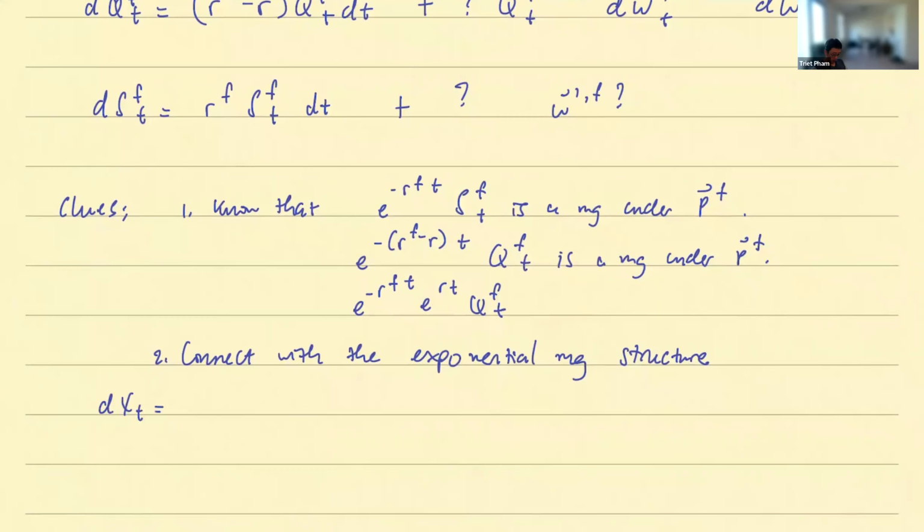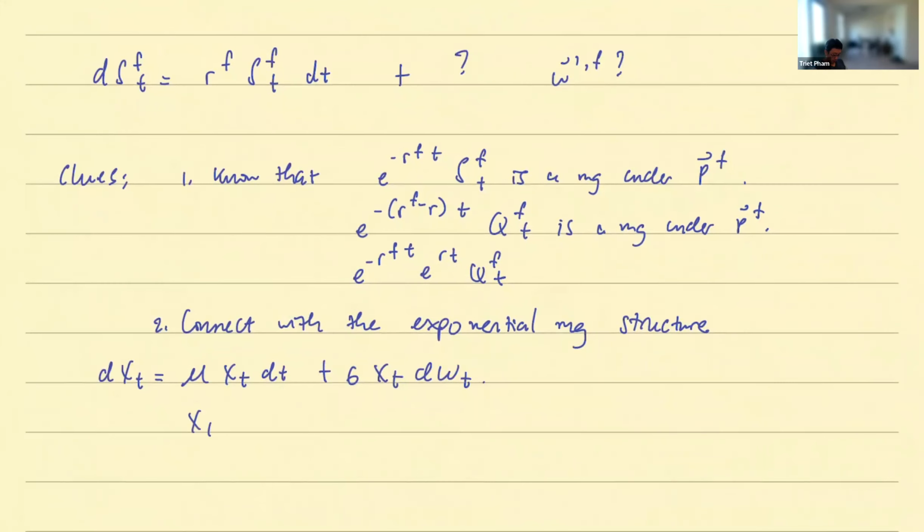If you have something like this, whatever Brownian motion, whatever mu and sigma, as long as they are constant, then this must be an exponential structure like this. That's Ito's formula for you from day one.